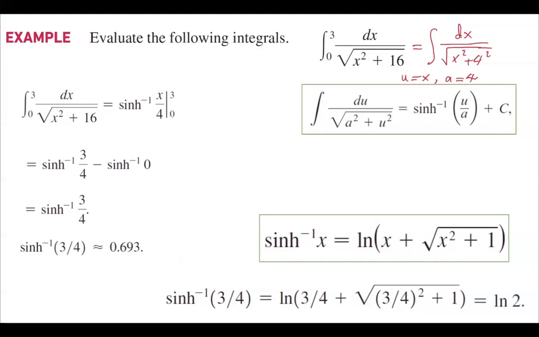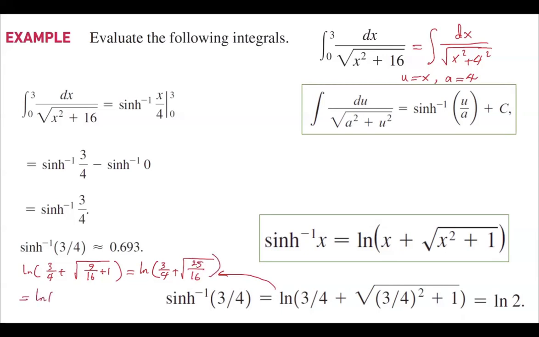You could simplify this as well to see all the algebra behind it. This is ln of 3/4 plus square root of 9/16 plus 1, which in turn equals ln of 3/4 plus, if you take a common denominator, you get 16 plus 9, which is 25.